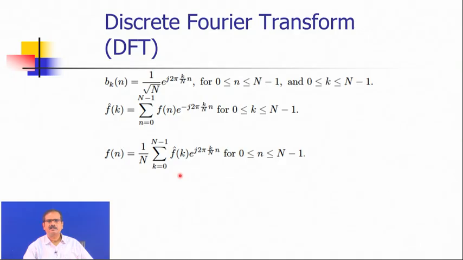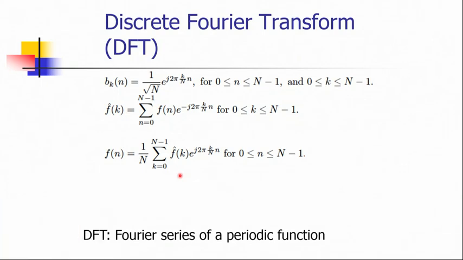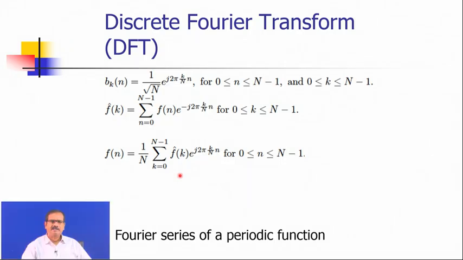These coefficients are from the discrete Fourier transform. In fact, from this expression we can also observe that the discrete Fourier transform is nothing but the Fourier series of a periodic function.